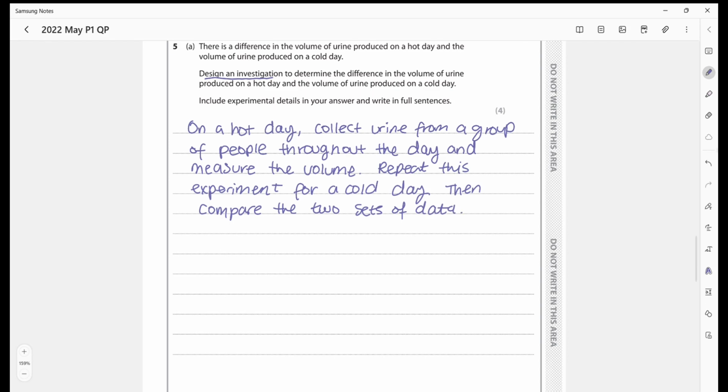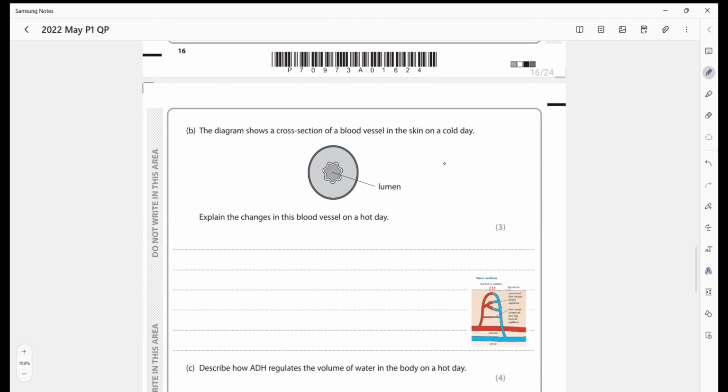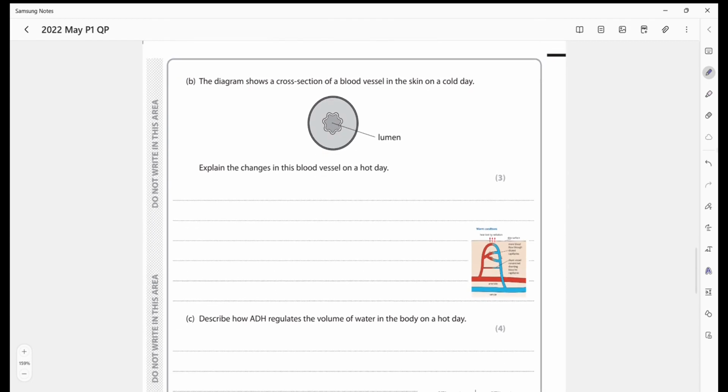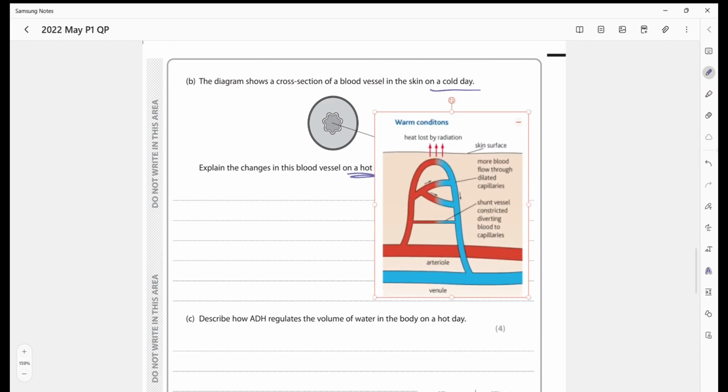All right, let's move on to this part. So I've included a little diagram over here in the bottom left. The diagram shows a cross-section of a blood vessel in the skin on a cold day. Explain the changes in this blood vessel on a hot day. So I'm just going to enlarge this diagram so you can see.